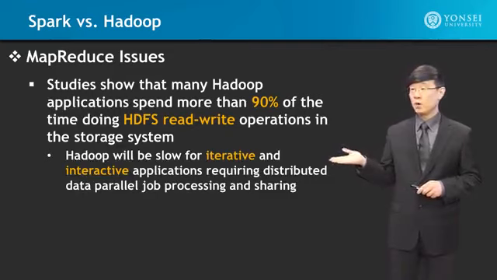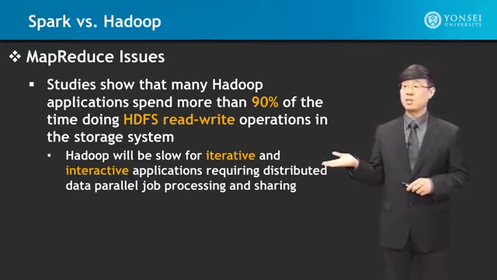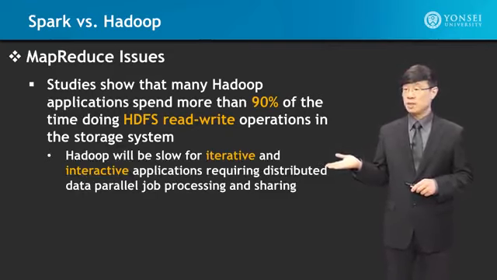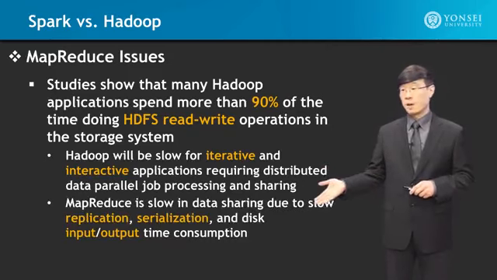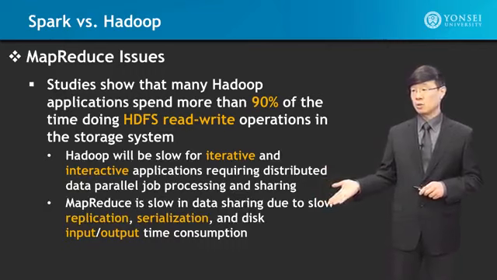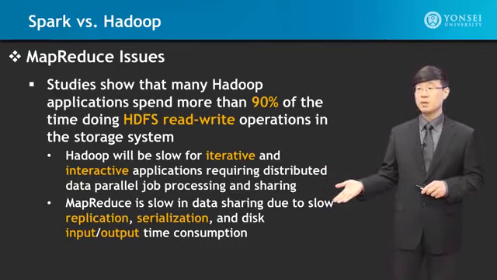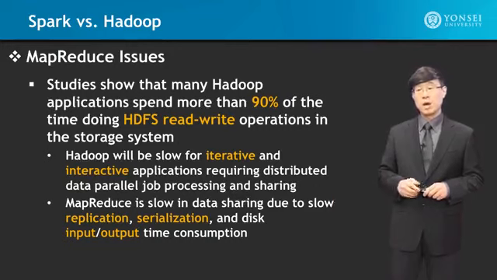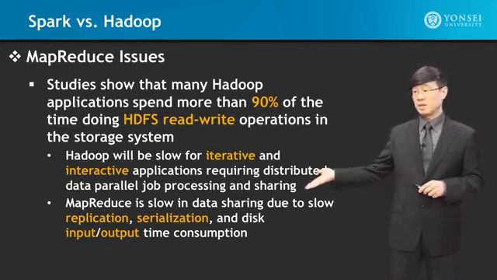Hadoop will be slow for iterative and interactive applications requiring distributed data parallel job processing and sharing. MapReduce is slow in data sharing due to slow replication, serialization, and disk input-output time consumption. We'll of course talk more about these factors. I already talked about replication factors in my Hadoop lecture.